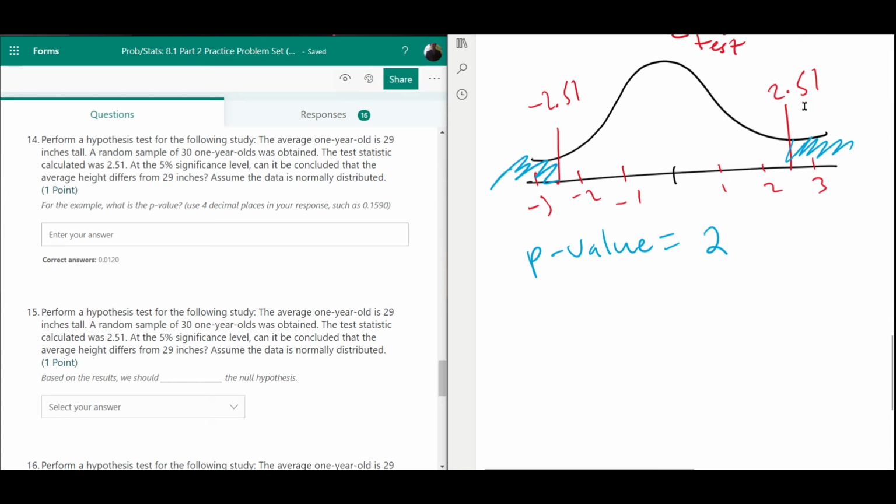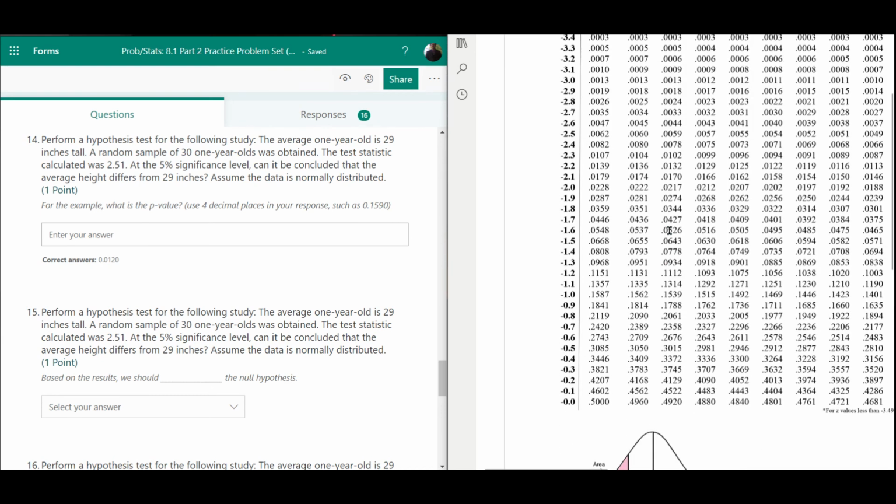If I look up 2.51, however, be very careful. You're going to have to do 1 minus, and that's because you want to find the area to the right in this example. However, let's make it easier on ourselves. Let's look up negative 2.51, and then that'll be our area here. Okay, so let's go and look up negative 2.51 on our z-chart.